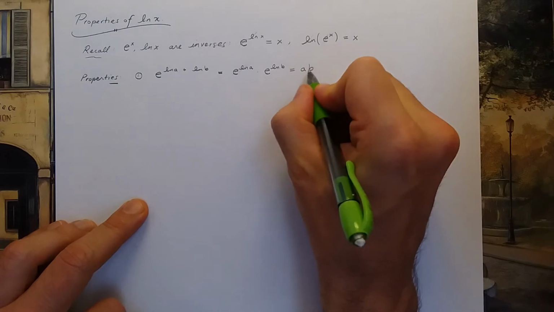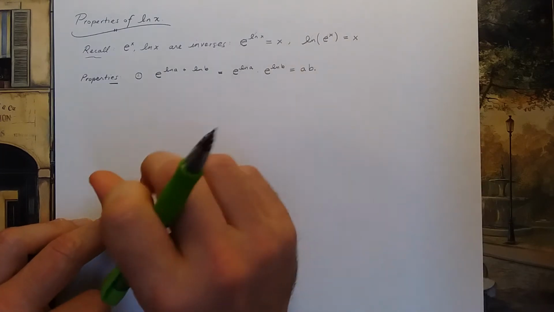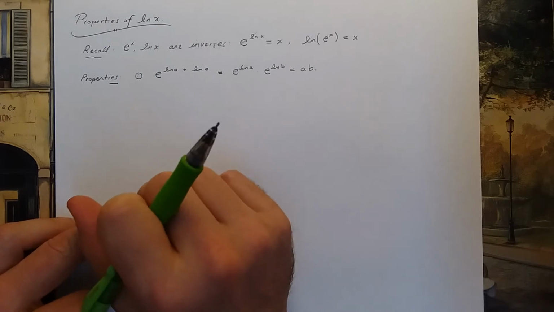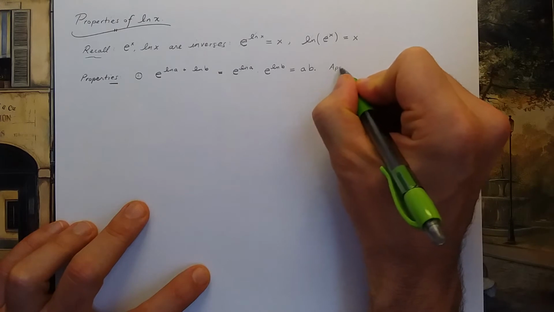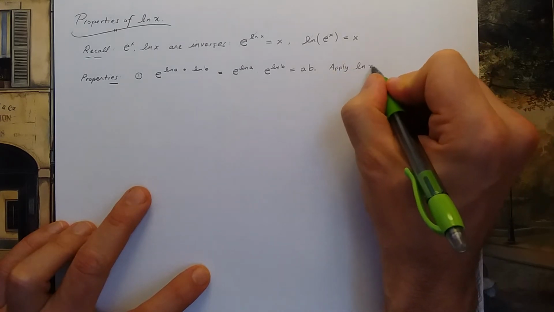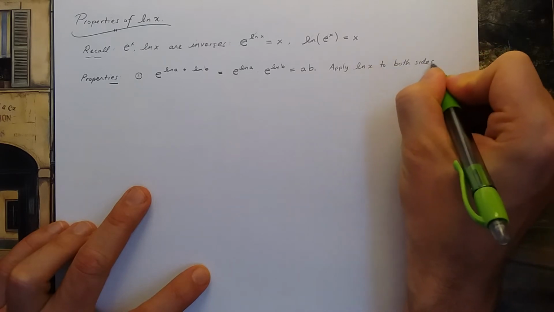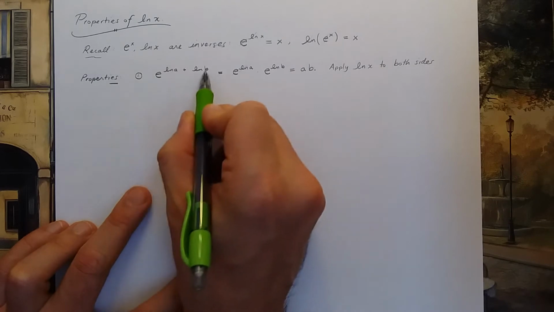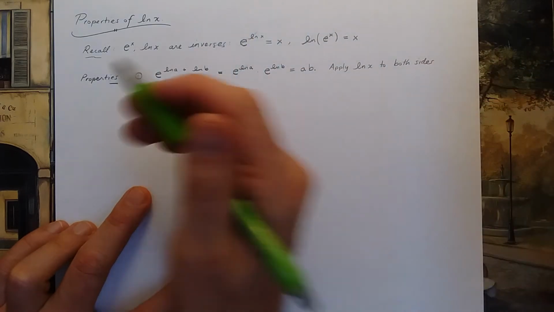What I'm going to do is take this line that I just wrote down and apply the natural logarithm log x to both sides. If you apply the logarithm to this side, so you take log of this whole thing, e and log are inverses. They undo each other.